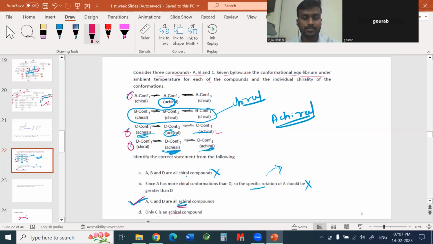So these small things we need to notice, what they have written. It's not only, right? Because A is also achiral and D is also achiral. Yeah, C is achiral is correct, but D and A are also achiral. So these small things we also need to keep in mind.